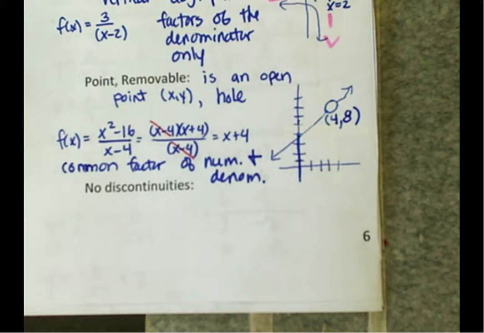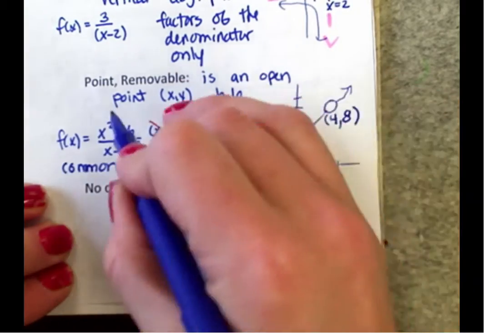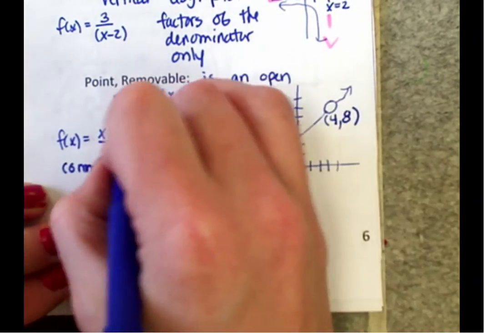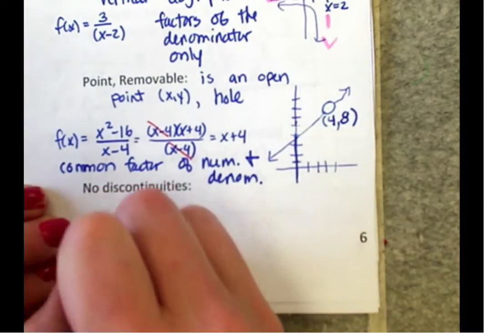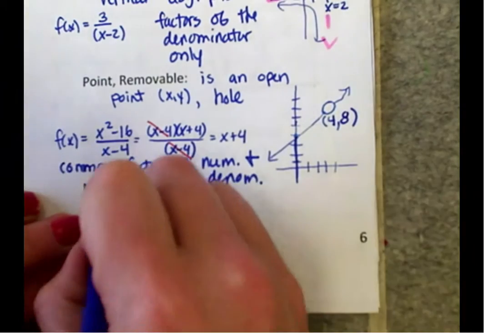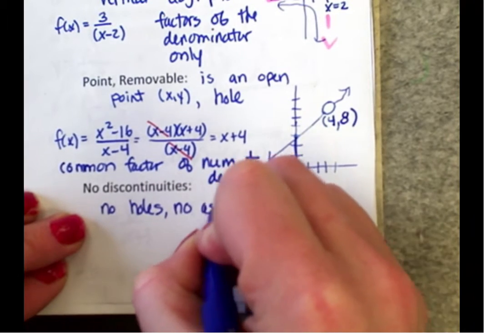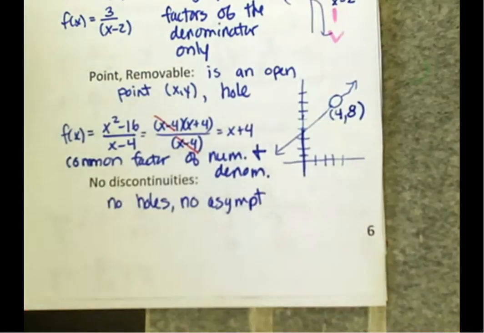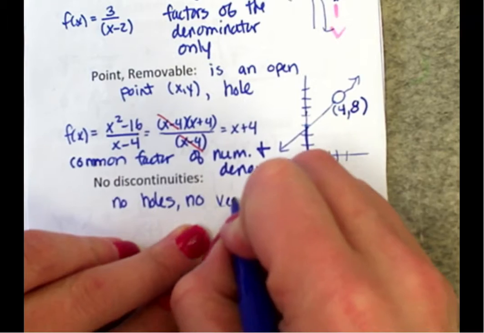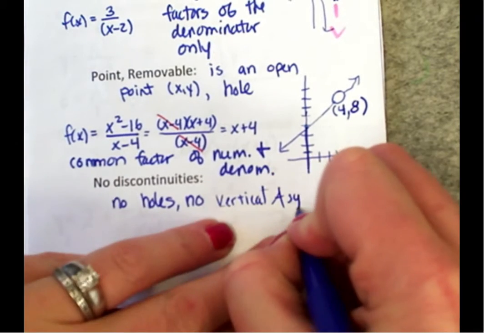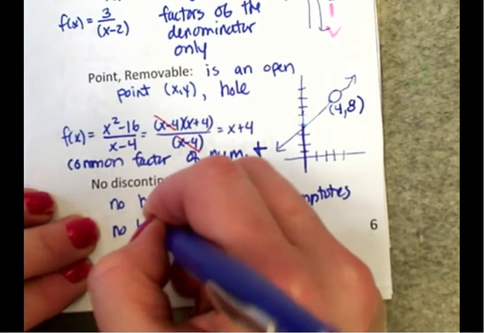Okay, so where does that hole come from? So it's an open point. We'll come back and write it. No discontinuities means no holes, no vertical asymptotes, and no breaks.